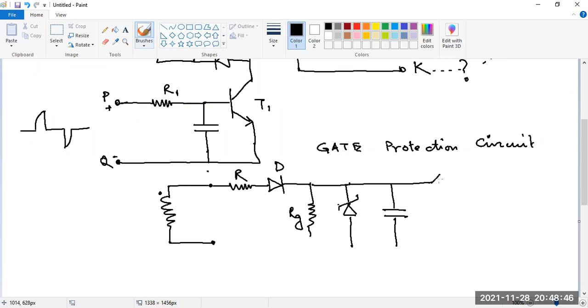This is your thyristor. This is the gate terminal, and this is the cathode. The anode.